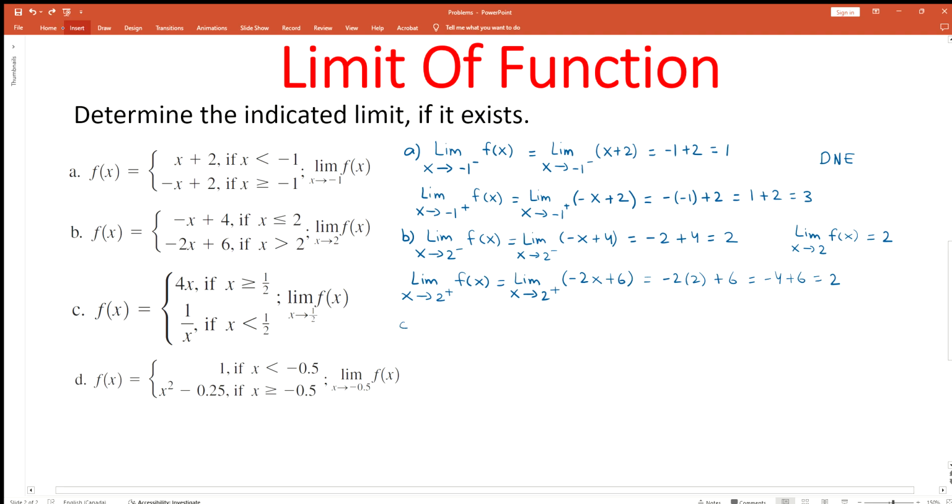Now we can analyze part C. In part C, we have to calculate limit x approaches 1 over 2 for f at x. The function in part C is a piecewise function. It is made up of functions 4x for x greater than or equal to half and 1 over x for x less than half. Let's start by calculating the left-hand limit.